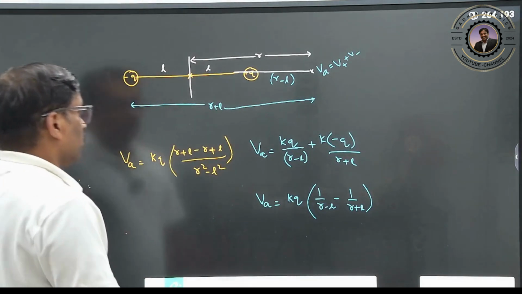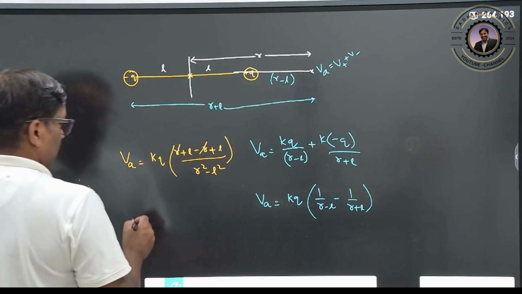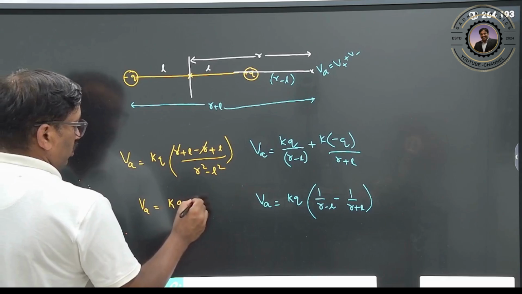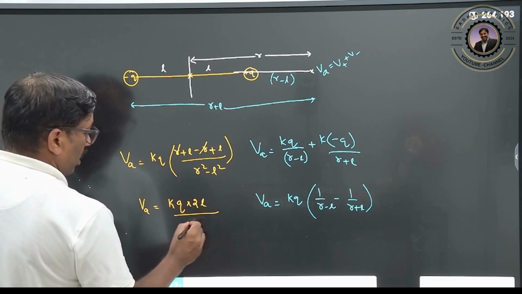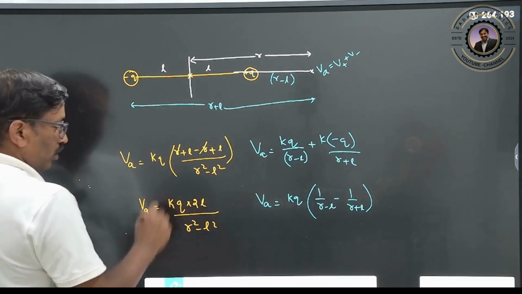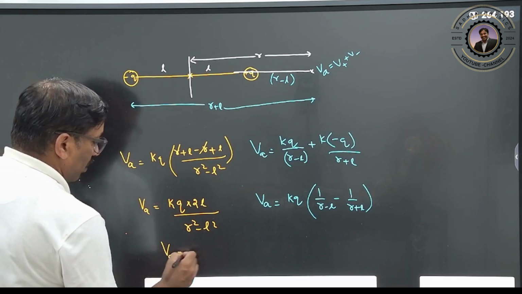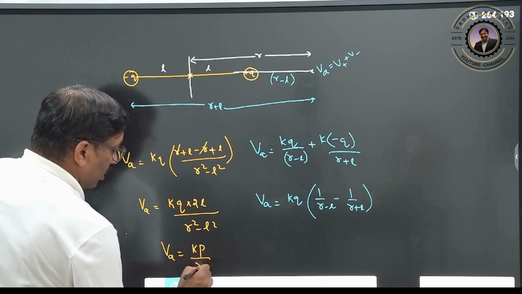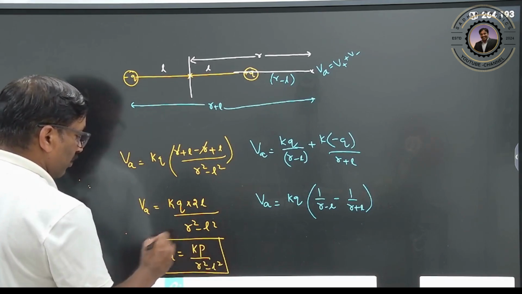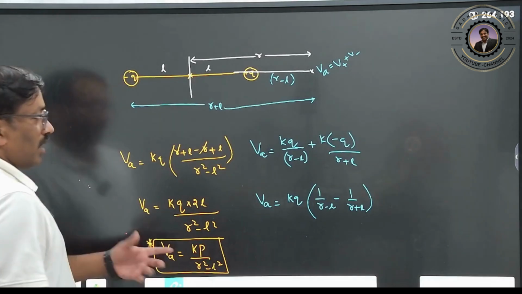Clear? So minus R plus R cancel out. Therefore along the axial line, k into Q into 2L divided by R square minus L square. Right? So Q into 2L is nothing but the dipole moment: kp by (R square minus L square). This is your potential due to the dipole along the axial line.